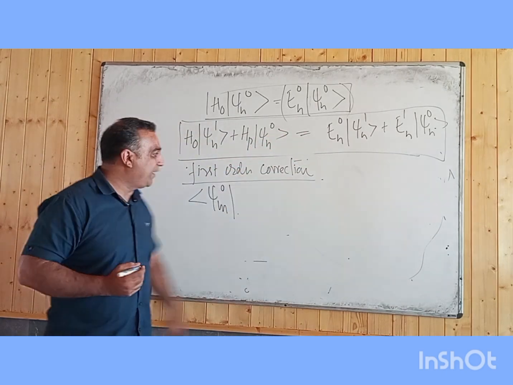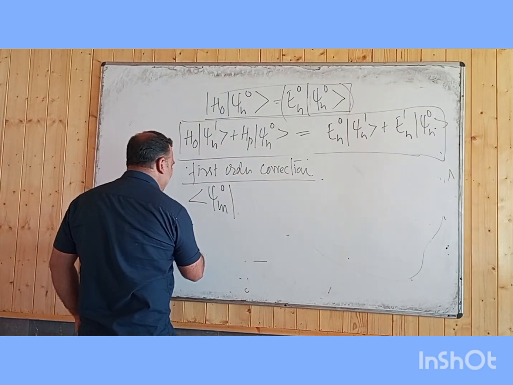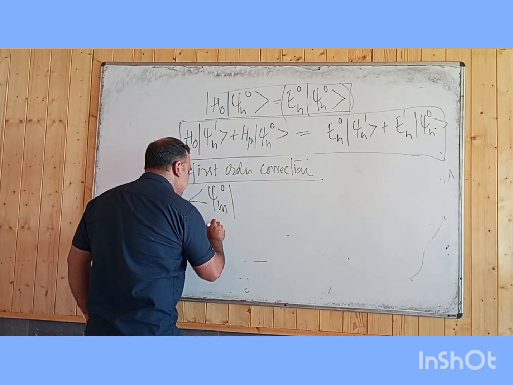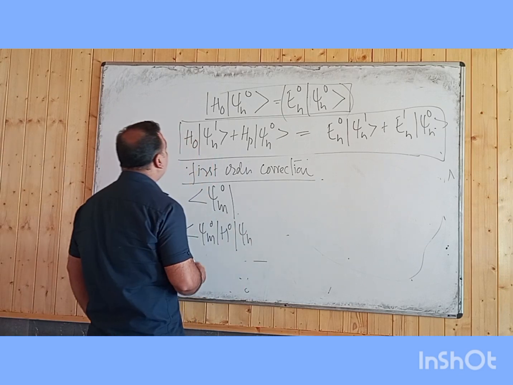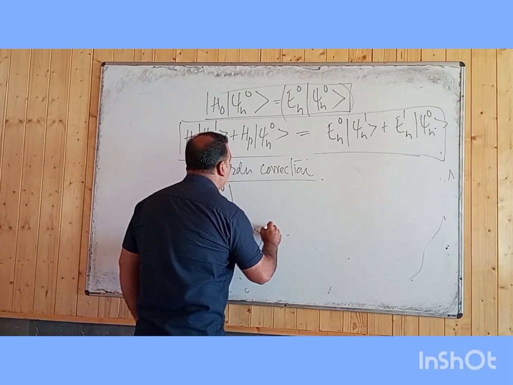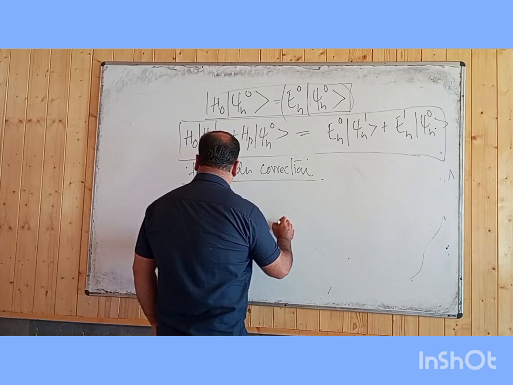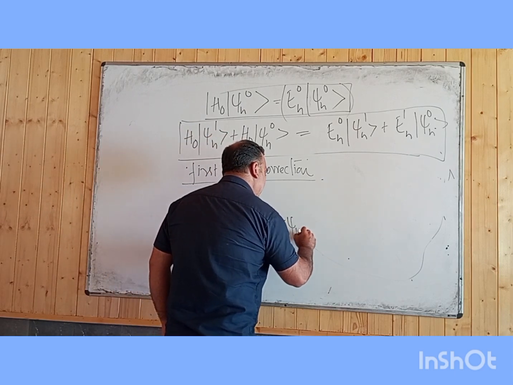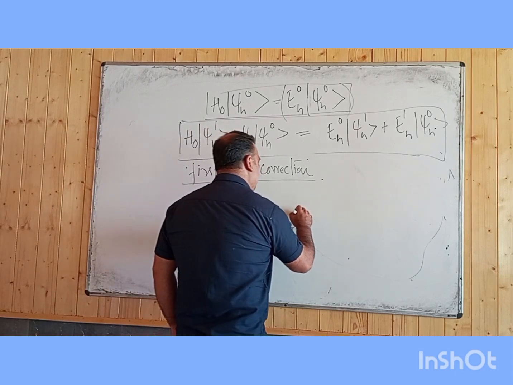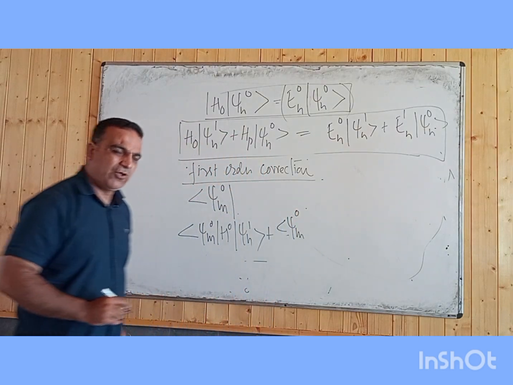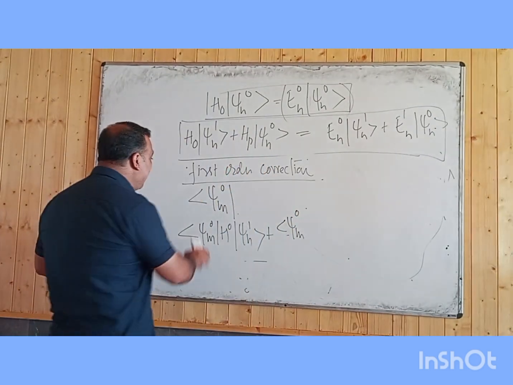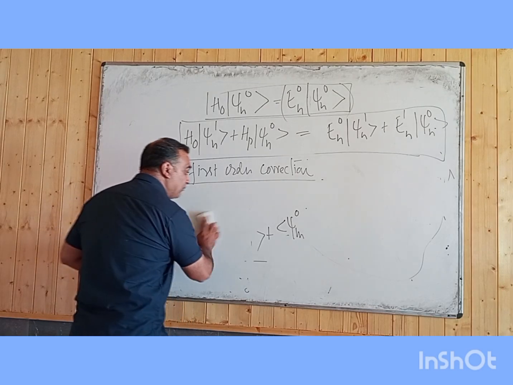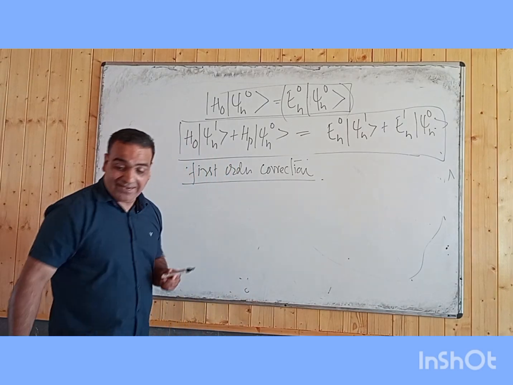Is it clear? What I'll get here is psi m0 H0 psi n1 plus... Sorry, in this case I don't need m. I need m when I have to calculate the eigenvector.